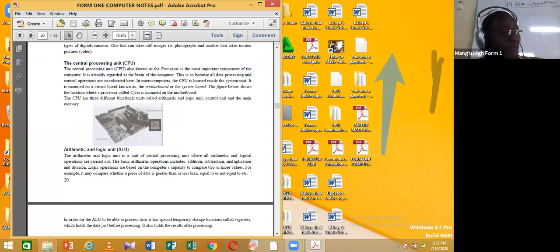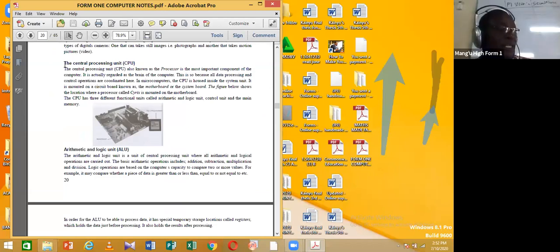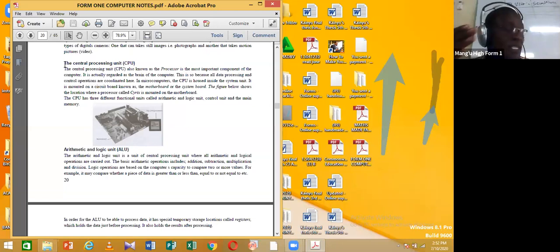And in summary, before I leave that subtopic, input devices can be classified into: number one, keying devices; number two, pointing devices; number three, scanners; number four, speech recognition and voice input devices; and lastly, number five, touch screens and digital cameras.